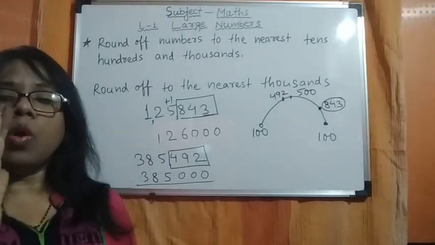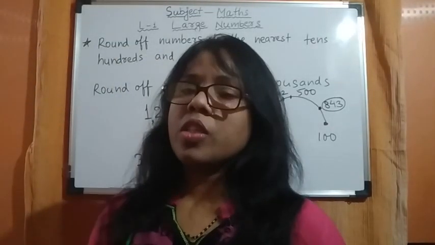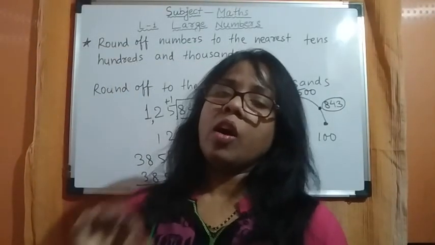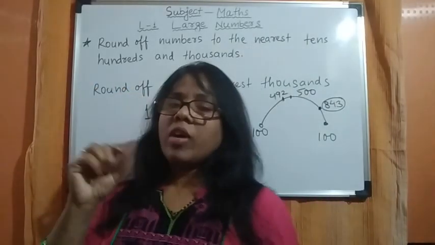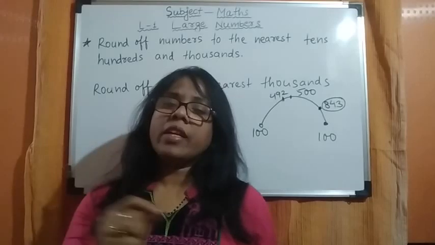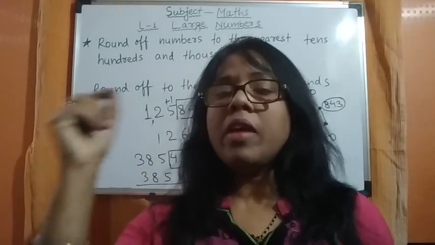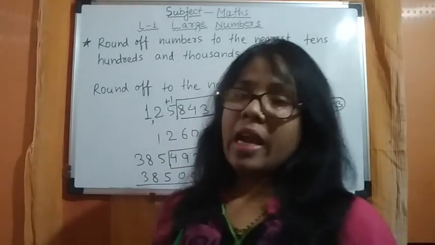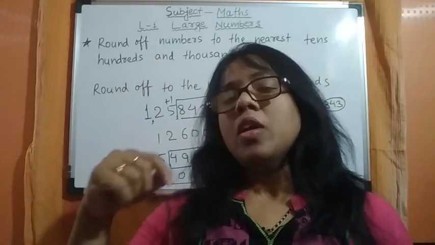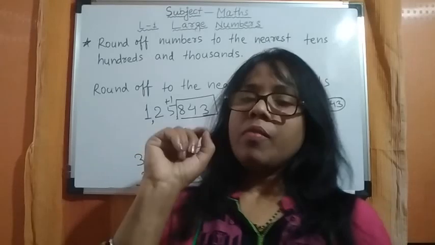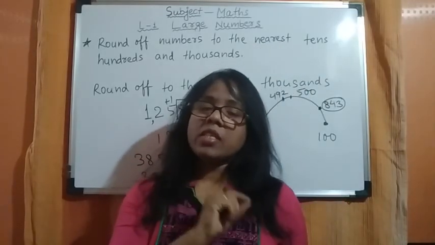If you are rounding off by 5, then you have to check the ones place. So at ones place you will put 0, and if it is more than 5, then add 1 at tens place. And if it is less than 5, in every case, the digit at ones place will be 0.